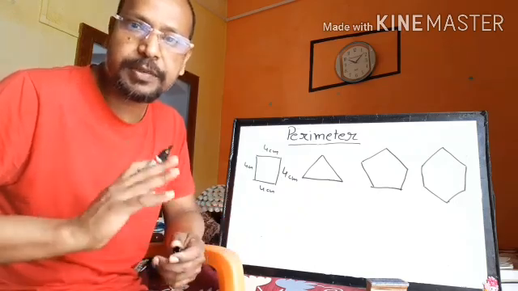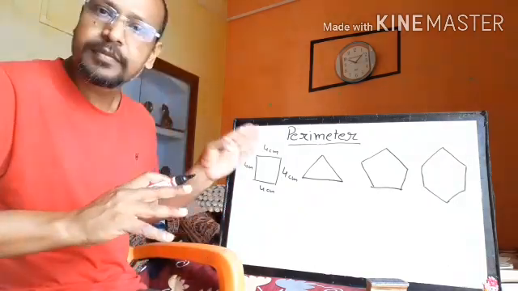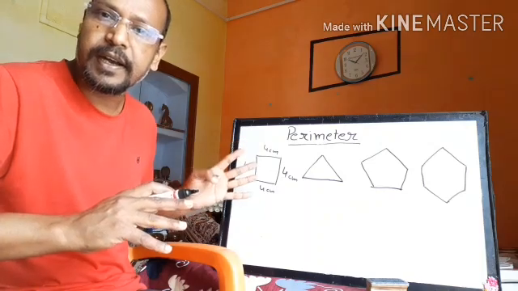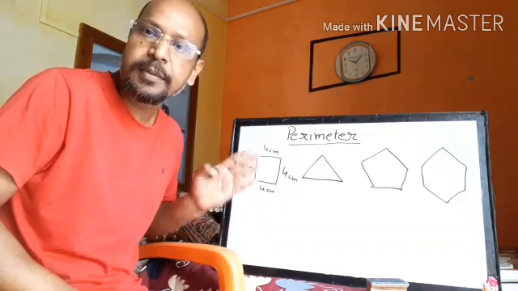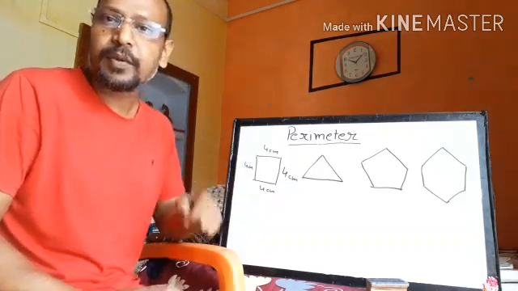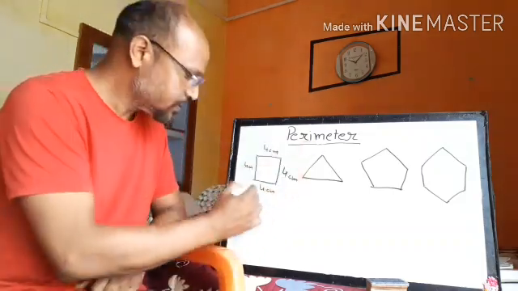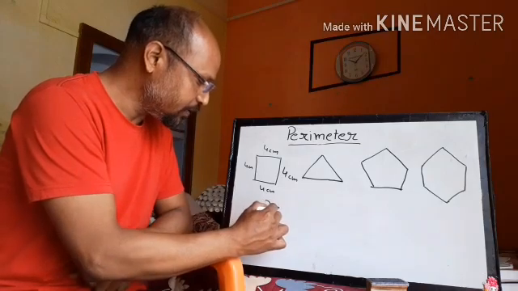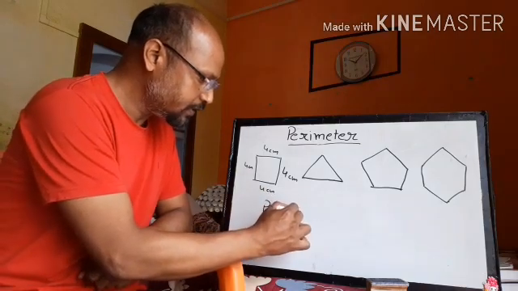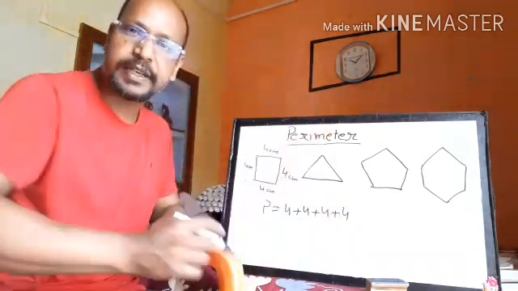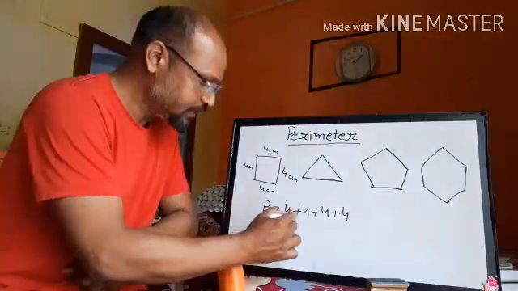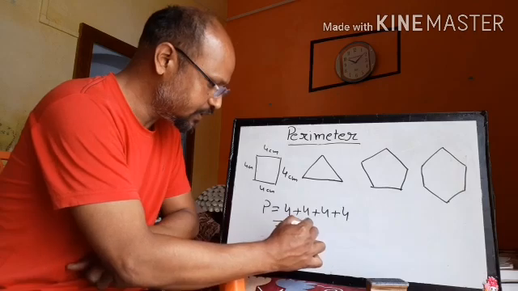That's what you should keep in your mind. You will add all the sides and hence you will get the perimeter of this quadrilateral. So let's start. The perimeter is the sum of sides, means first side, second side, third side and fourth side. So the sum is 16 centimeter.